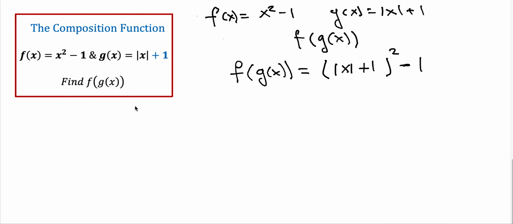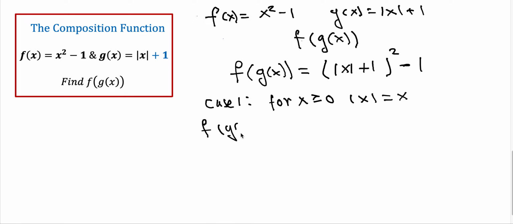And now, because this is with absolute value, I have two cases. Let's say case 1, for x greater than or equal to 0, the absolute value of x is going to be equal to x. And f of g of x is going to be equal to x plus 1, so instead of the absolute value of x, I'm plugging in x in this case, squared, minus 1.